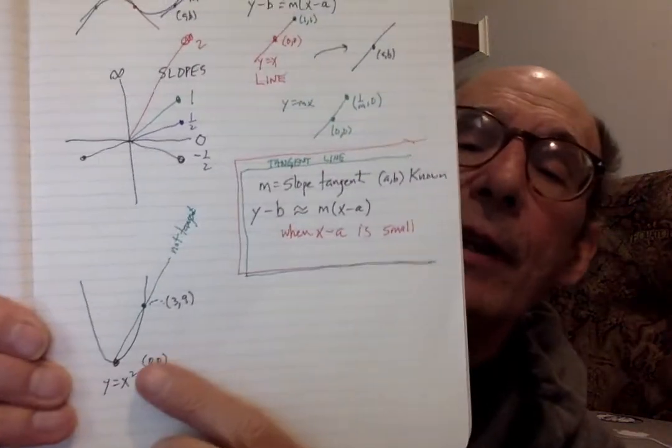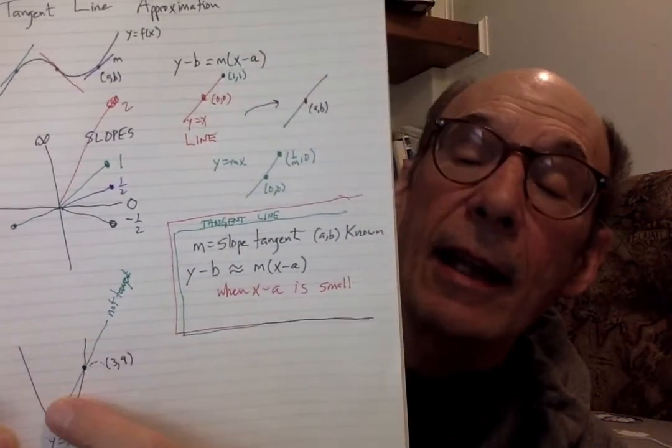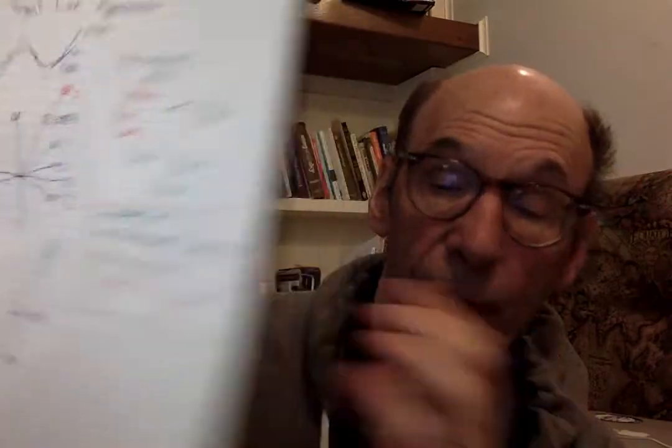But we'll just go with that. And I'm going to draw in a line that's not the tangent line. I'm going to label it as not tangent. So you might recall from pre-calculus that's called a secant. And the reason I've done this is that that line has slope 9 over 3, which is 3.